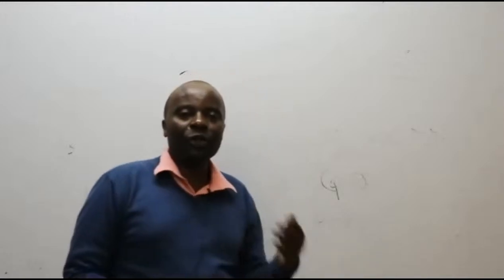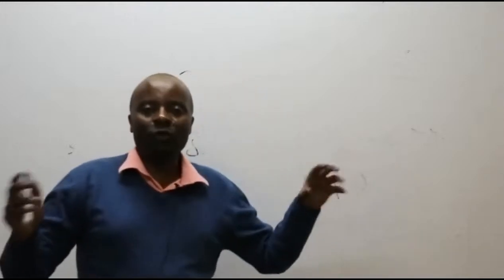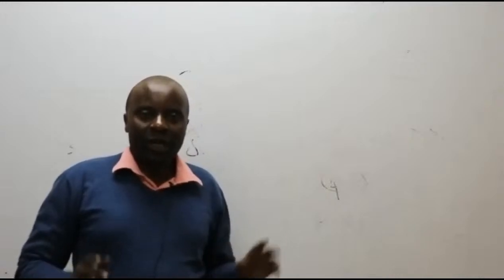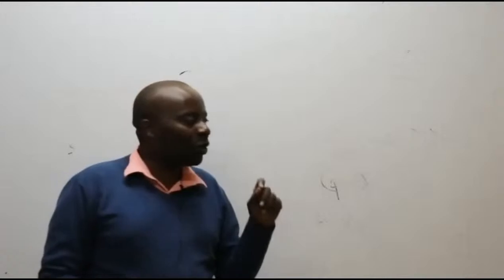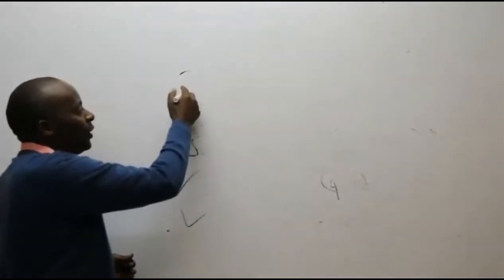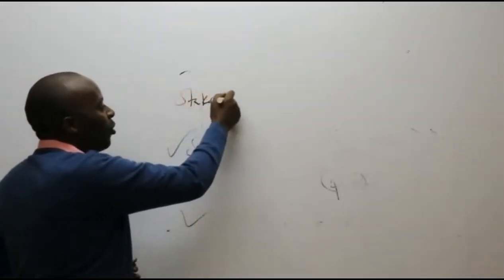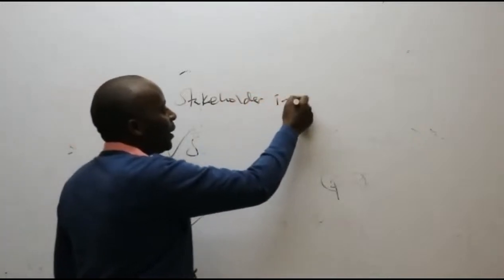For any organization to really function, there are so many stakeholders who have to be there. So at the end of the day, in integrated reporting, we must have what we call stakeholder inclusivity. This is a separate point. Stakeholder inclusivity.